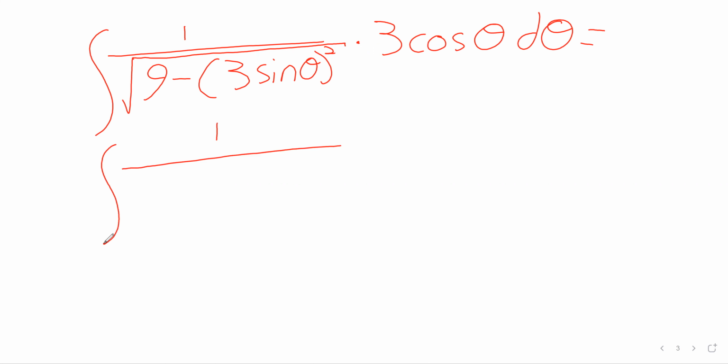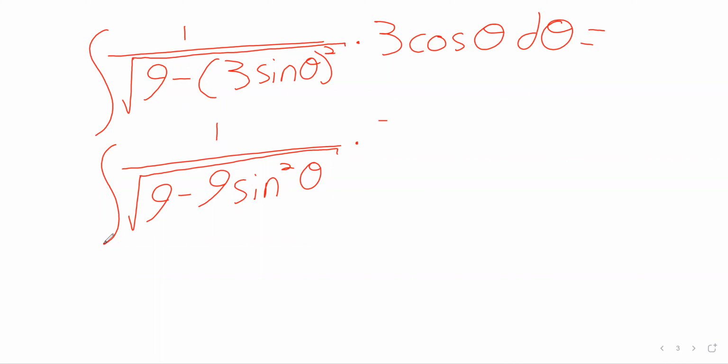Let me simplify this thing under the square root. 9 minus 9 times the sine squared of theta.